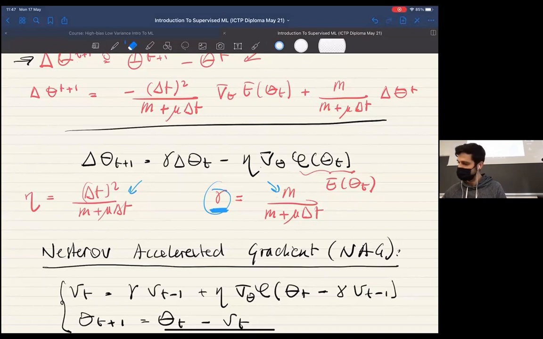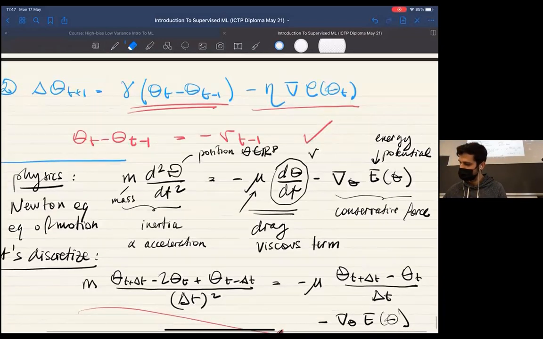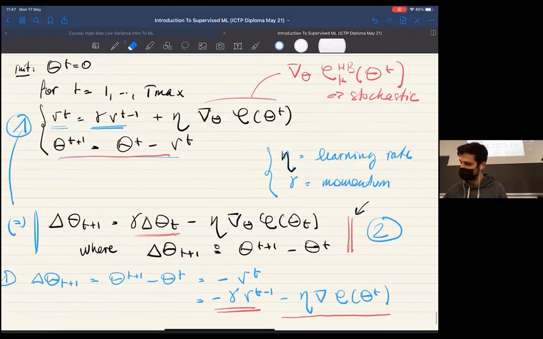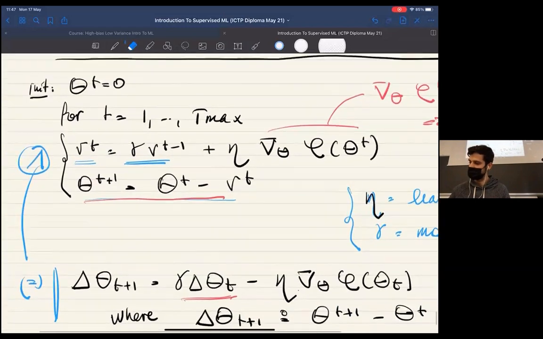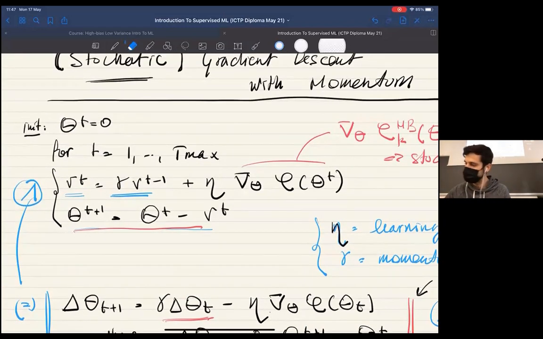So let's look again at the gradient descent with momentum, which is there.